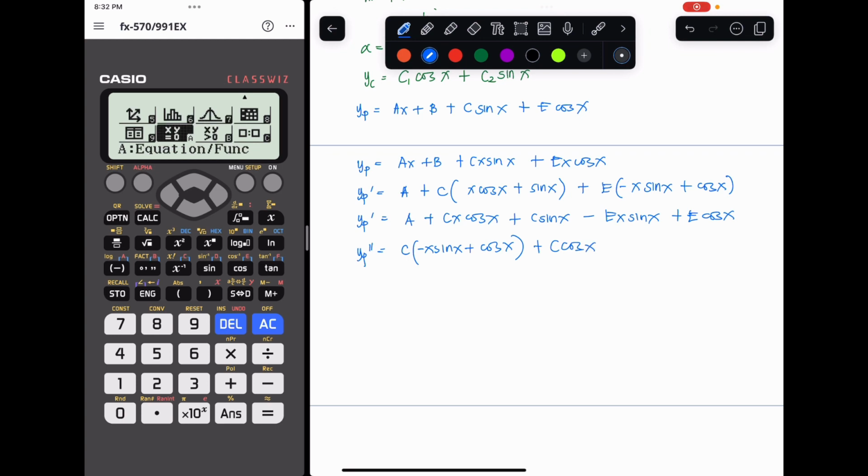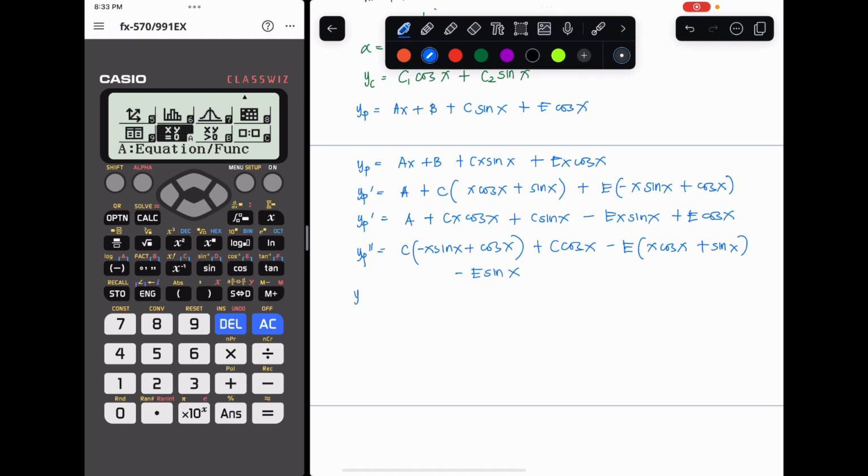And then minus e times the derivative of x sine x, which is x cosine x plus sine x, and then the derivative of cosine x is minus e sine x.